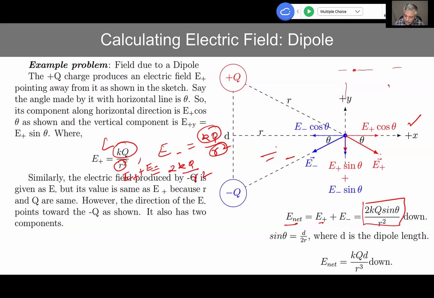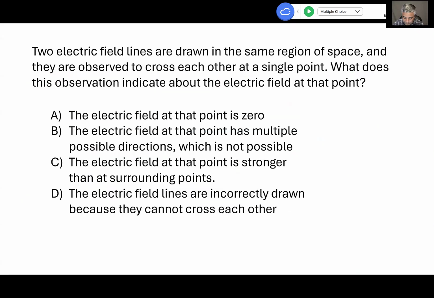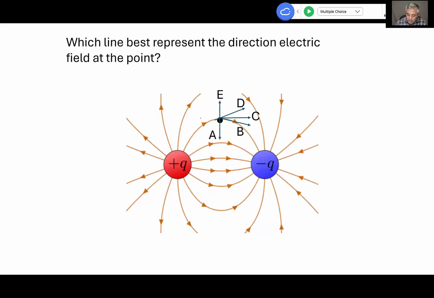And you can see it's pointing parallel. Since this point is exactly at the middle, it's pointing parallel to the line joining the charges. If we go back and look at the previous slide I had, here, it's the same thing.